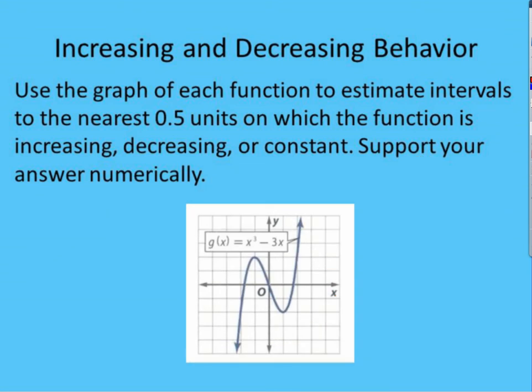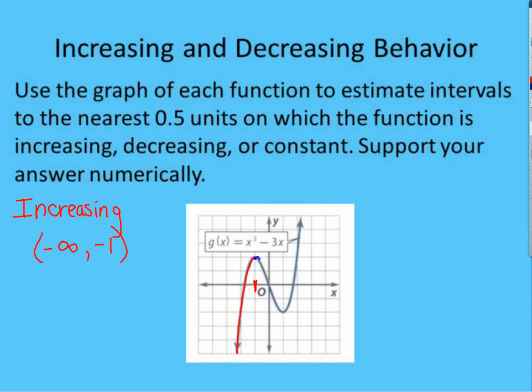On this function, it is getting larger. The graph is going up until we get to the value of x is -1. So we are increasing from negative infinity from the left until we get to the value of x is -1.